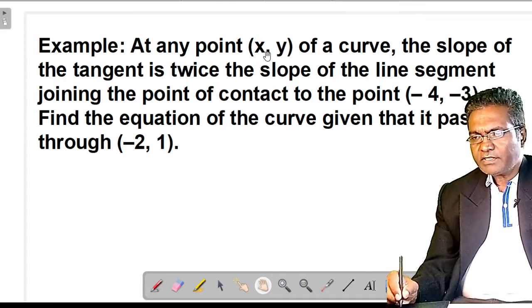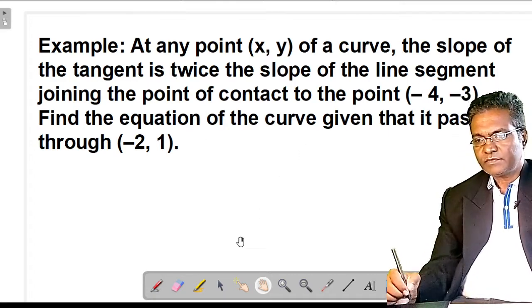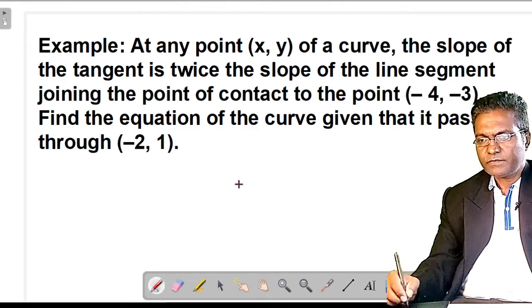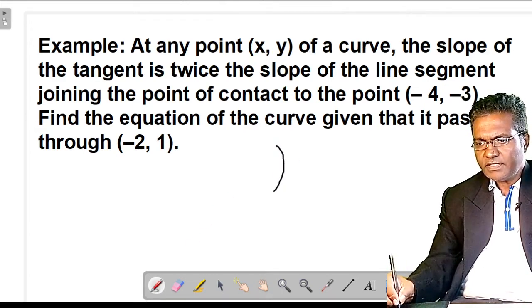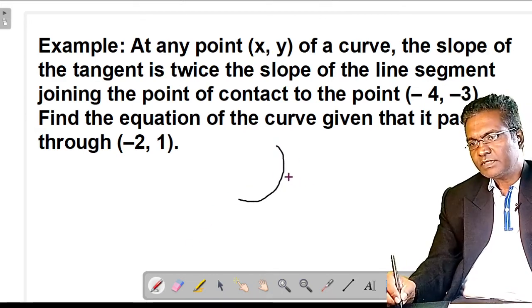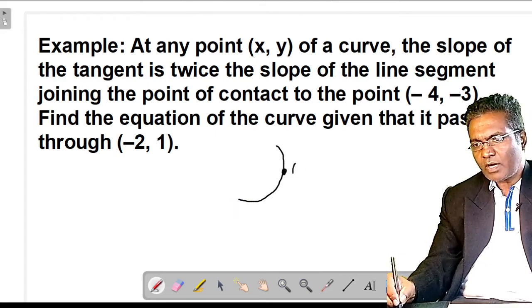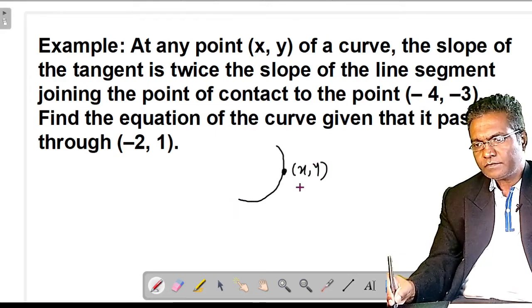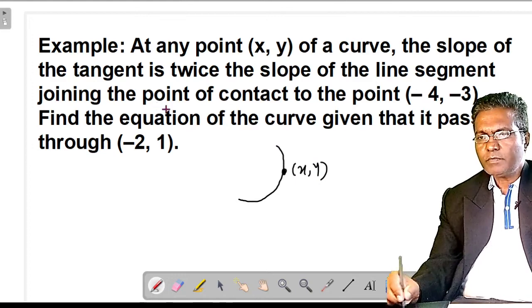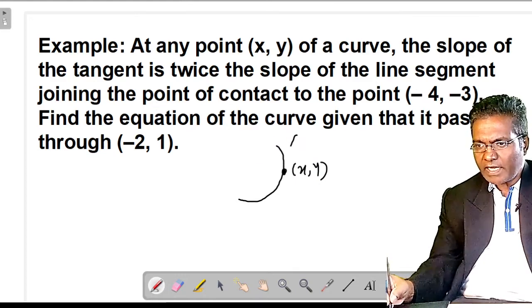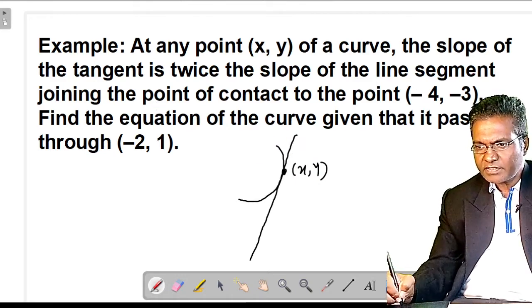At any point (x, y) of a curve, this is the curve, and at this point (x, y), this is your tangent drawn at this point.